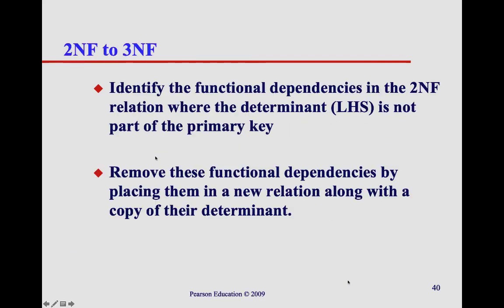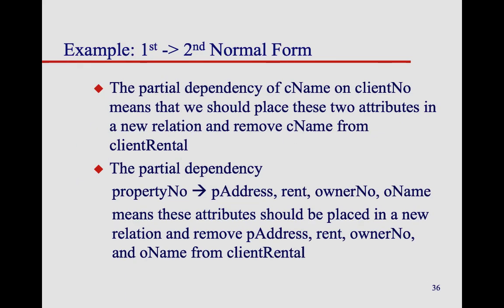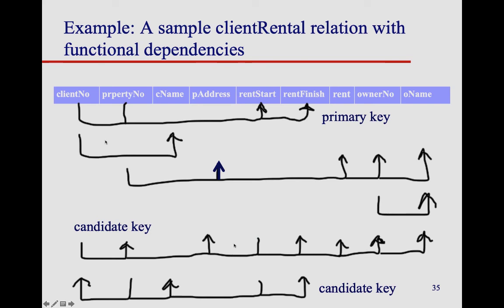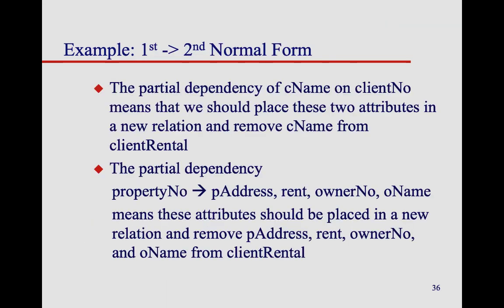Okay, so just going back here for a moment, you'll notice we didn't use either of these dependencies when decomposing here. But if you look at the final set of relations, we still have to make sure that the client number and the start of the rent is going to determine the remaining things.